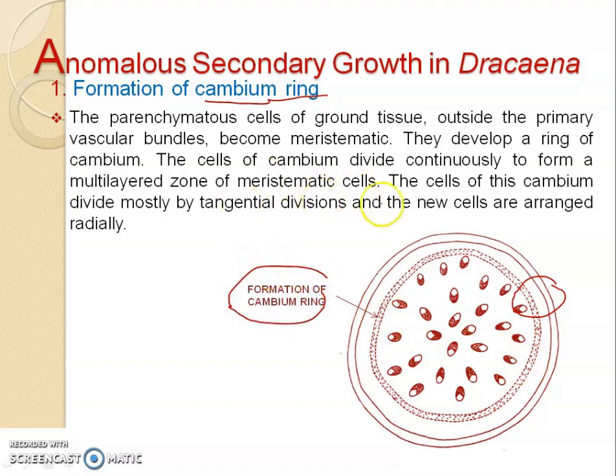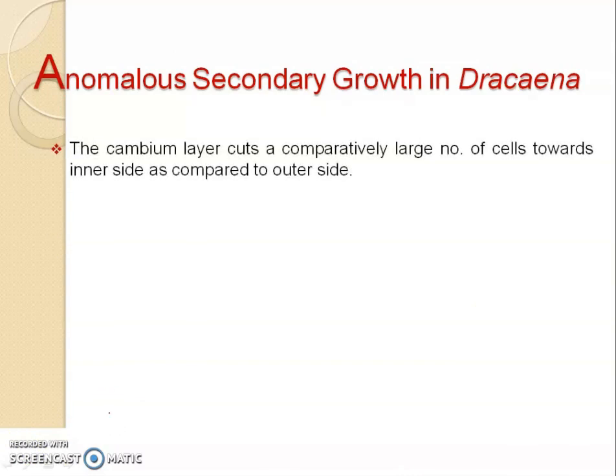The cells of the cambium divide continuously to form a multi-layered zone of meristematic cells. The cells of this cambium divide mostly by tangential divisions, and the new cells are arranged radially. The cambium cuts a comparatively large number of cells towards the inner side as compared to the outer side.